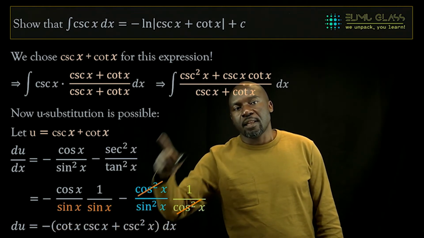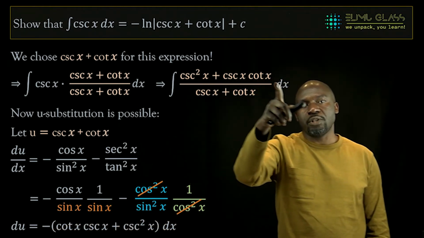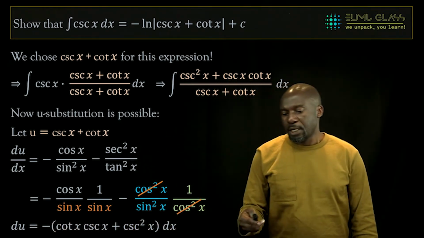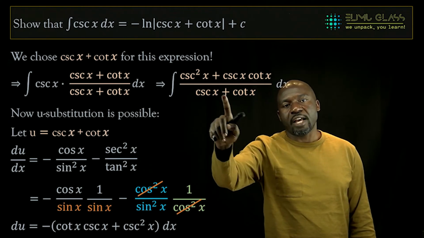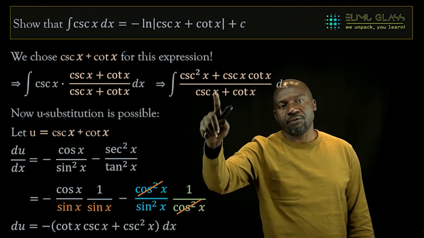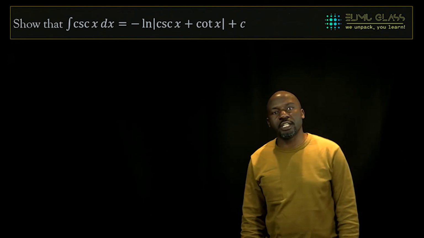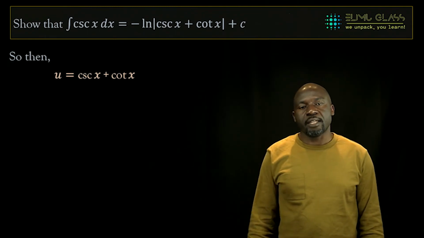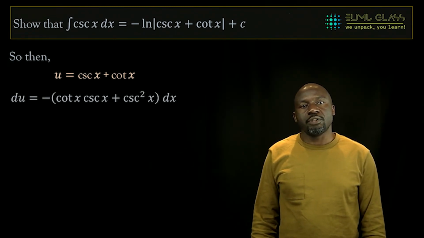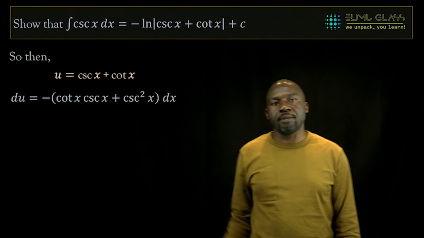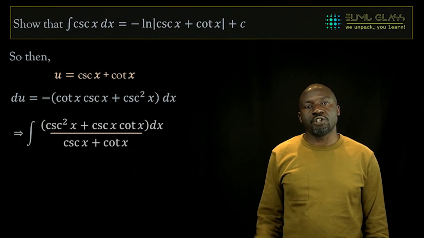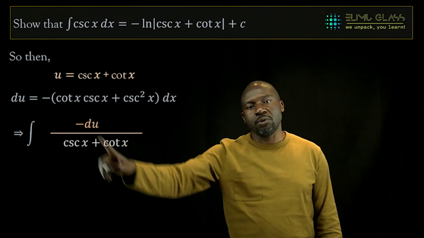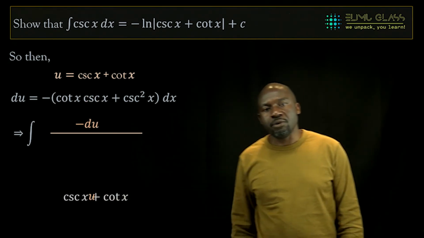So the whole of this expression, including dx, must be equal to minus du. And the denominator here is u, so I end up with negative du divided by u, which we can now integrate easily. So u is given by that expression, and du is also given by this expression as we have determined. If we substitute back into our original expression, the numerator with dx is replaced by negative du, and the denominator is replaced by u.